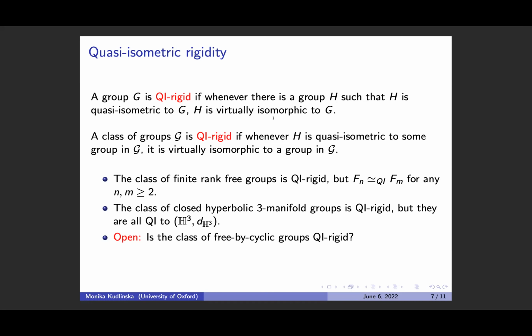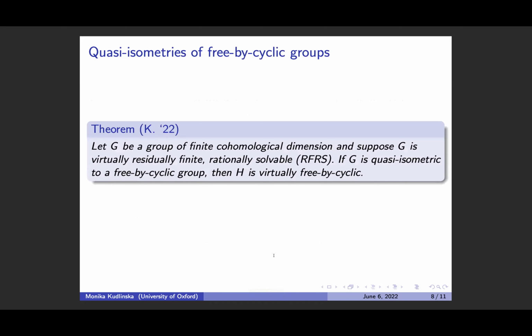So we're hoping that this will extend to this problem as well. But there's no really good reason to think that free-by-cyclic groups are QI rigid, apart from the theorem on the next slide, which is sort of towards answering this question.